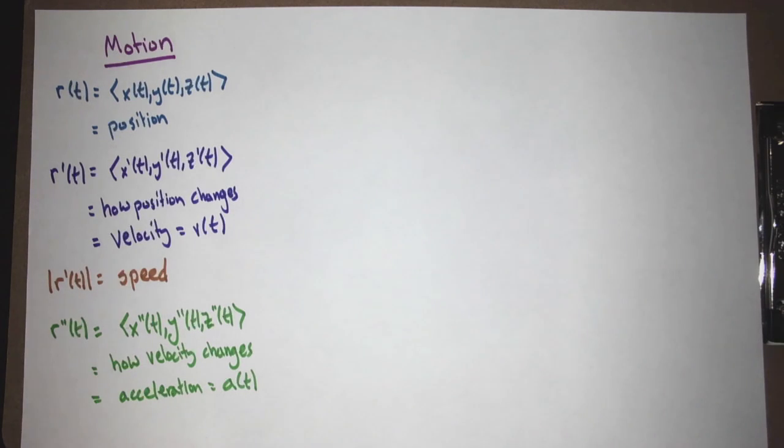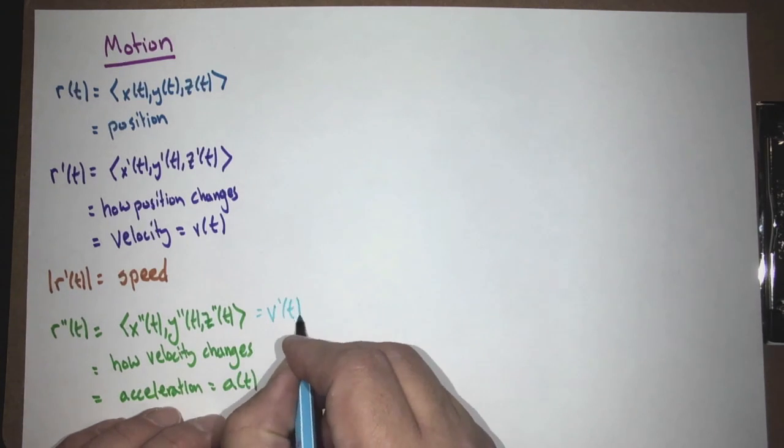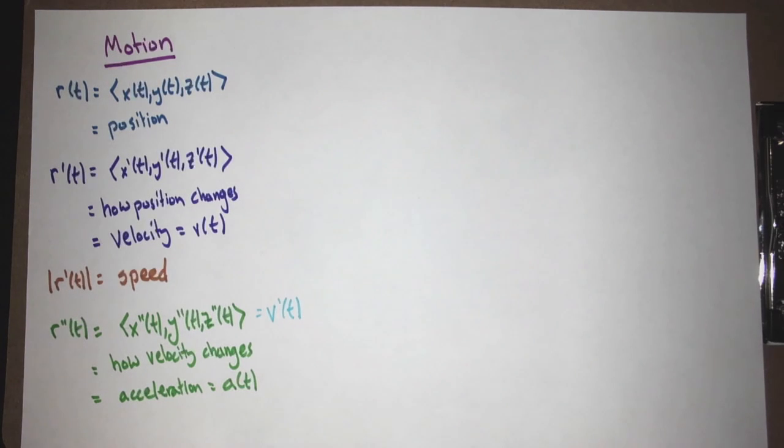And I didn't write this down, but I should have, but that's okay, I can write it down now. This is the same as just v prime of t. So this is how velocity changes. And that's what we call acceleration. All right, so acceleration, change in velocity.